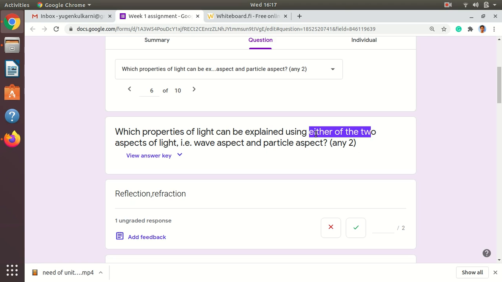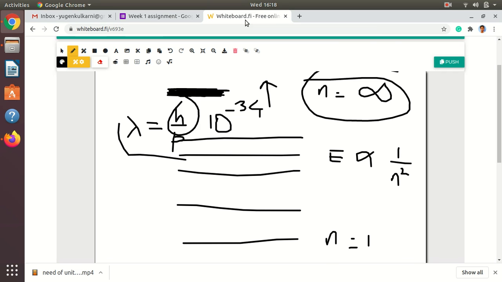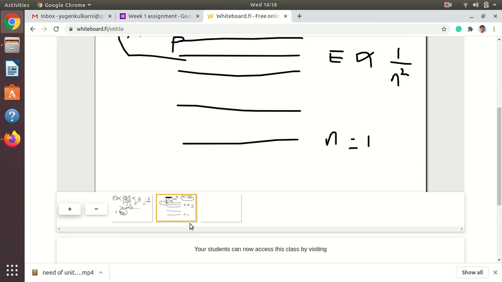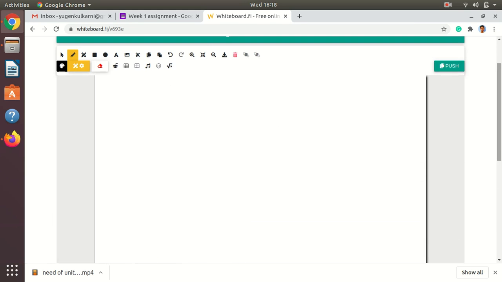Here we have not used either-or, so either of two means both. That is, both aspects can explain the property of light. So the ideal answer is reflection and refraction. Both these phenomena can be explained using the particle nature as well as the wave nature of light.